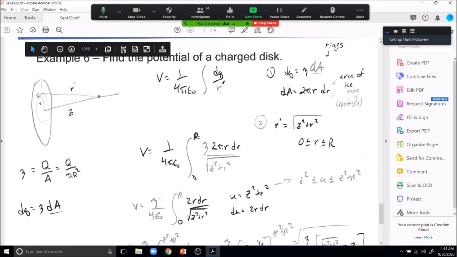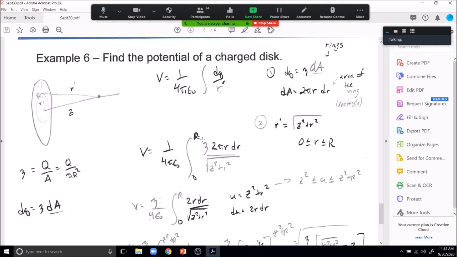So this is a rectangle that represents the area of my infinitesimally small rings. So I got that part. And then we did the same thing we did with electric field stuff. I have an r prime here to indicate that that's my distance here, because I got 2 r's going on here. And by using the Pythagorean theorem, we can see that this will be equal to radical r squared plus z squared. Again, no step 3 here. We don't have to worry about directions. In this case here, r varies from 0 to capital R.